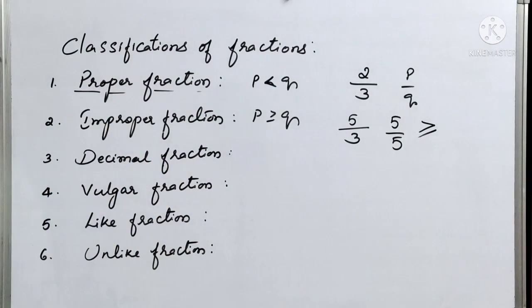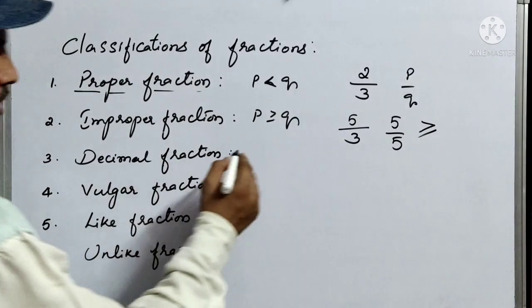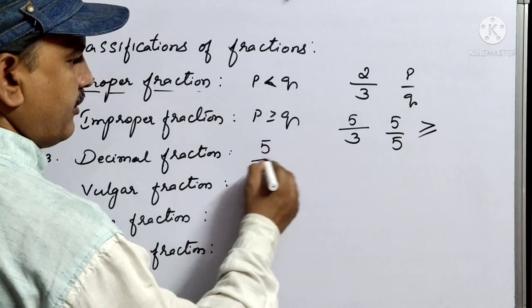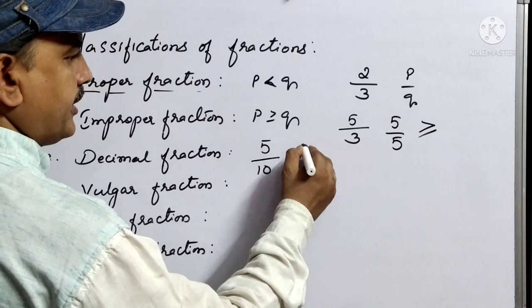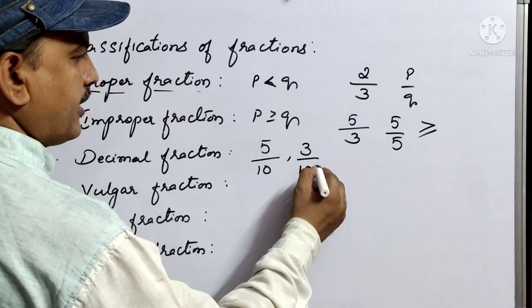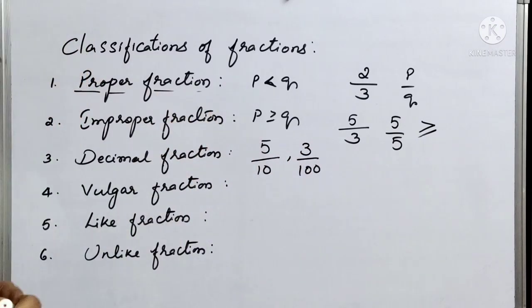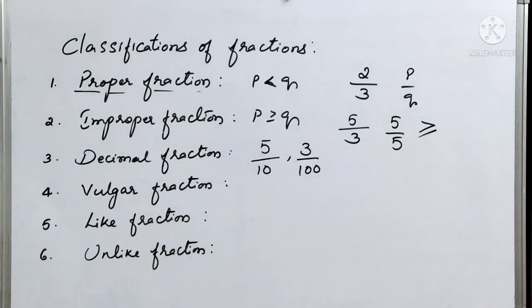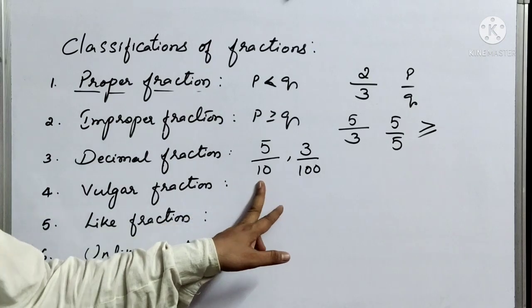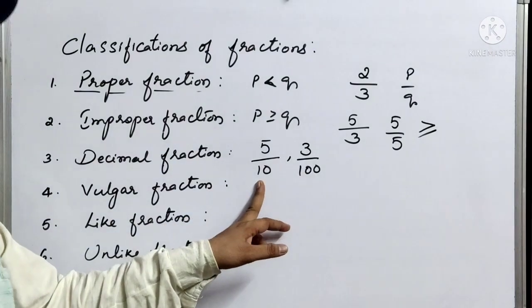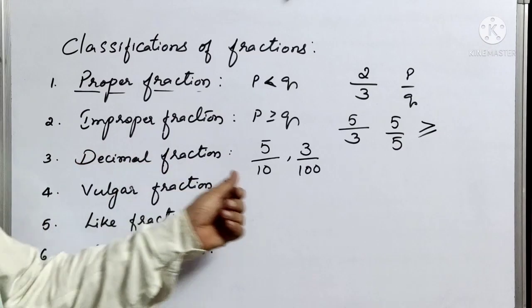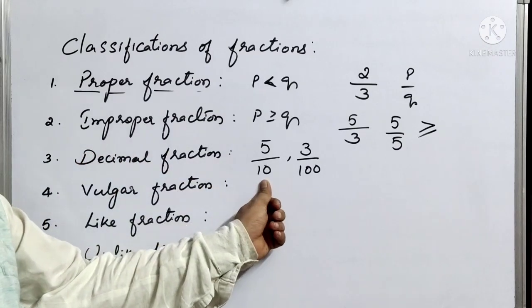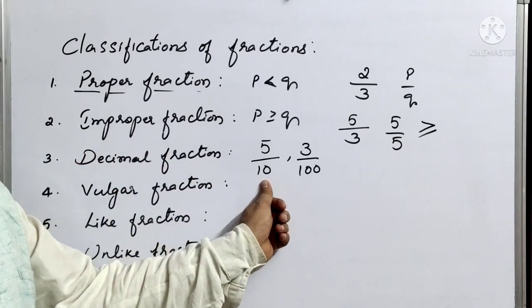Now coming to decimal fraction, children. See here, I wrote 5 by 10, 3 by 10, 3 by 100. Decimal fraction means the denominator compulsorily should be a multiple of 10.